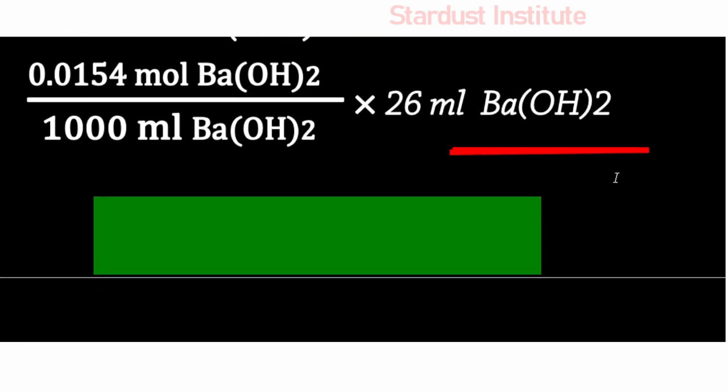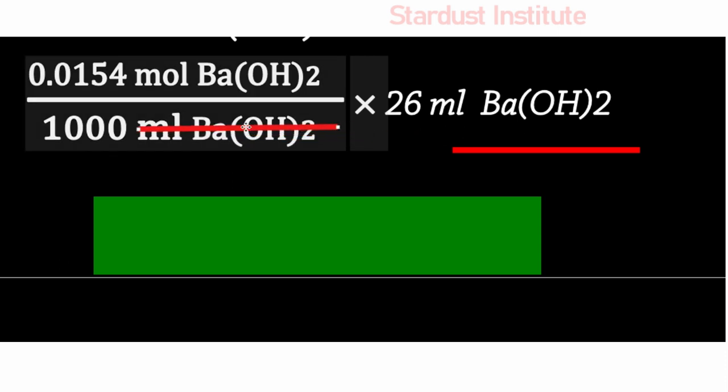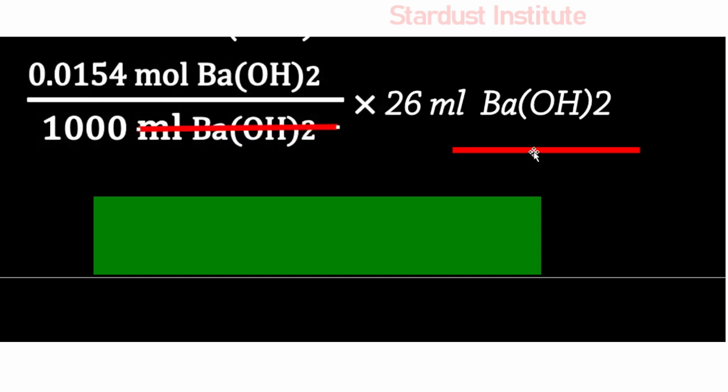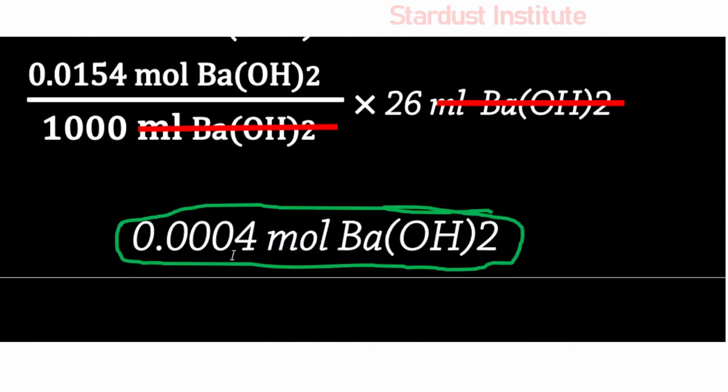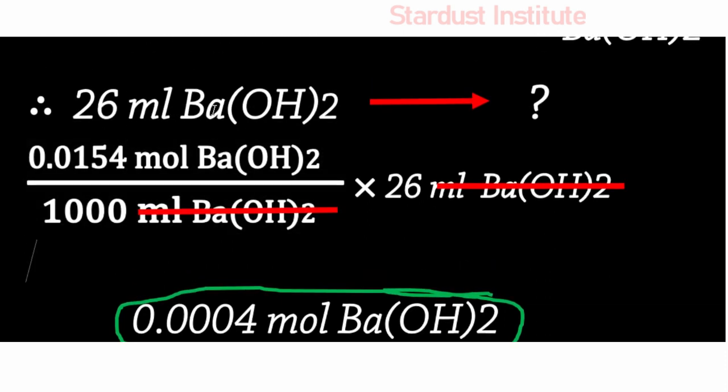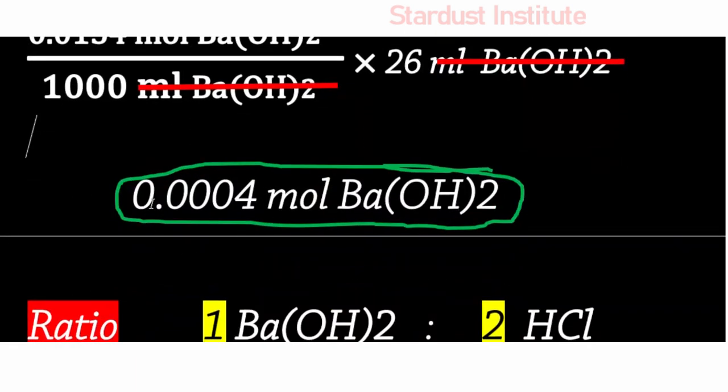We should cancel out units. Milliliter barium hydroxide, milliliter barium hydroxide. Now we get 0.0004 moles of barium hydroxide. In 26 milliliters of this barium hydroxide solution, there are 0.0004 moles of barium hydroxide.